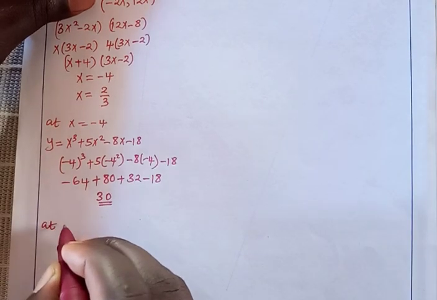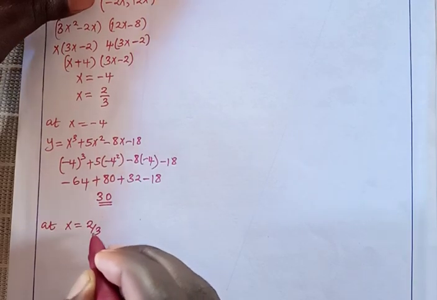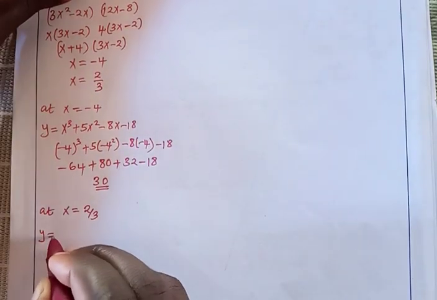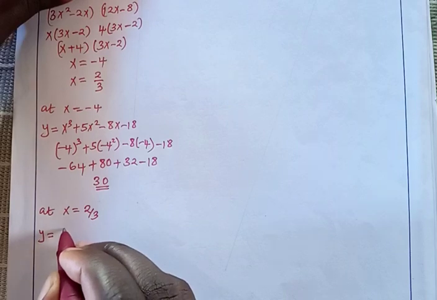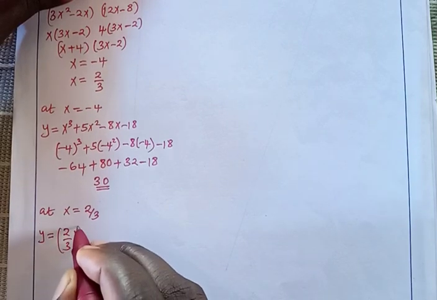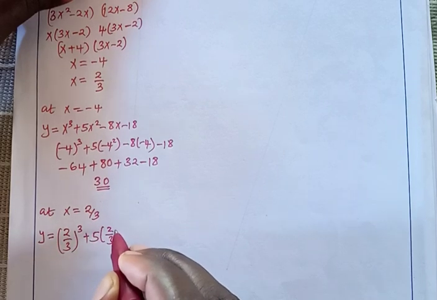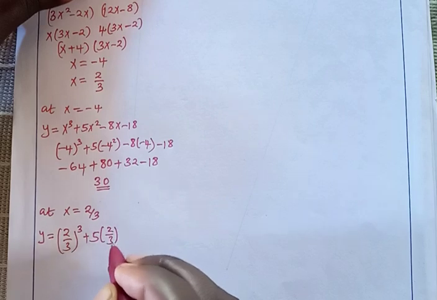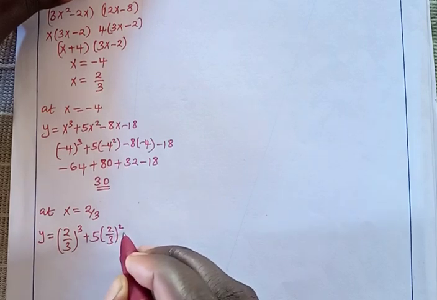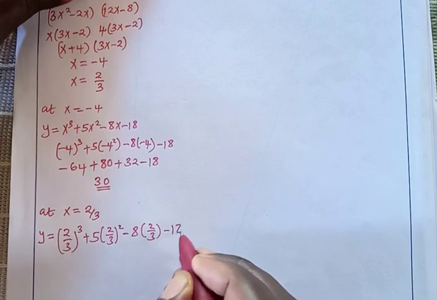Now, at x equals positive 2 over 3, y is going to be 2 over 3 raised to power 3, plus 5 into 2 over 3 squared, then minus 8 into 2 over 3, then minus 18.